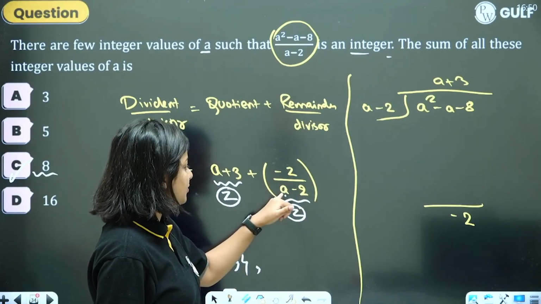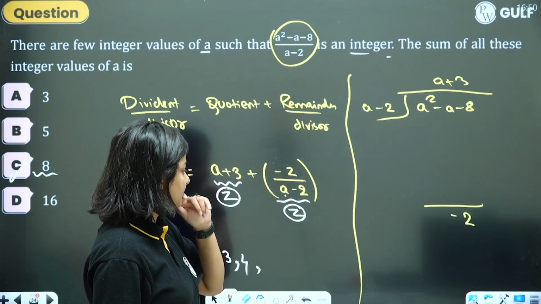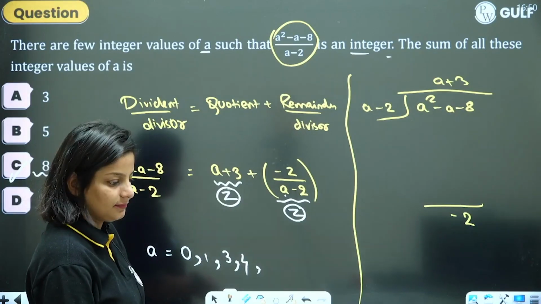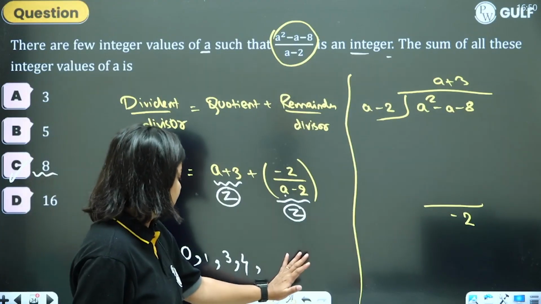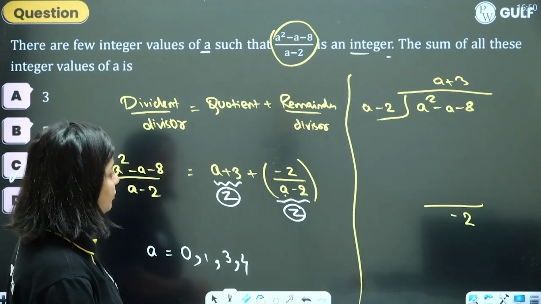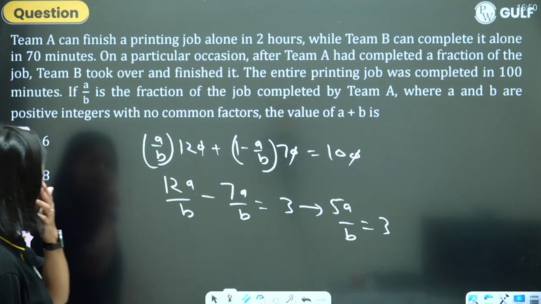Can we take minus 2? Minus 2 upon minus 4. No, a negative value is not possible. So I think it should be 8 only. Even if they have given 16, I'm not sure about that. I'm getting 8. If you can tell me later, very good.